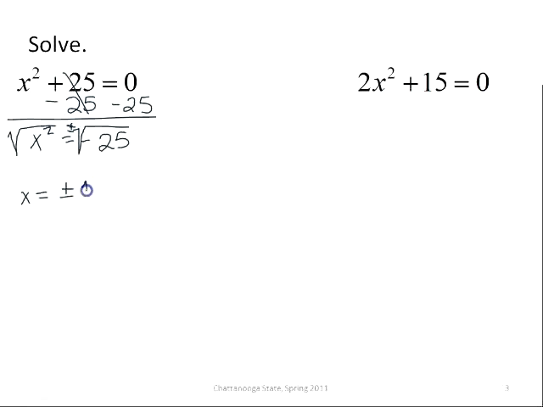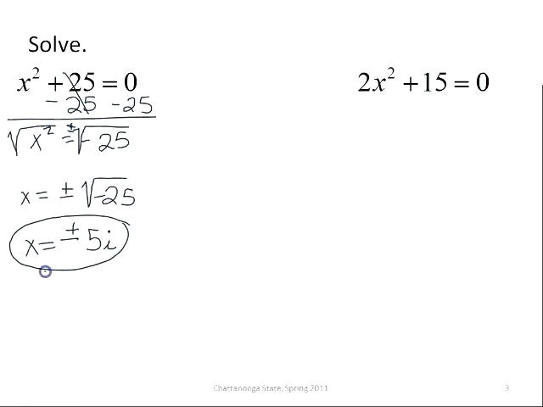So we end up with a positive and the negative square root of negative 25. Then we can simplify our radical. Because it's a negative, we know it's going to have an i in the answer. And then the square root of 25 is 5. So we end up with a positive or a negative 5i.